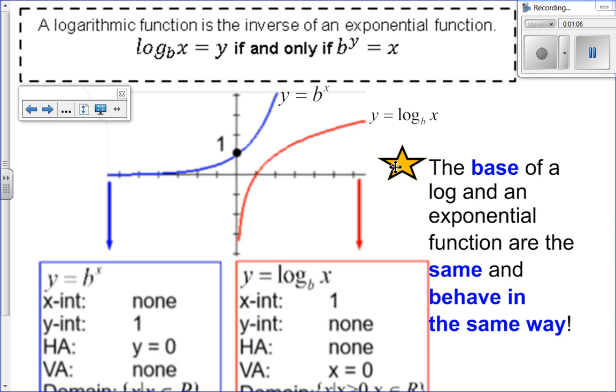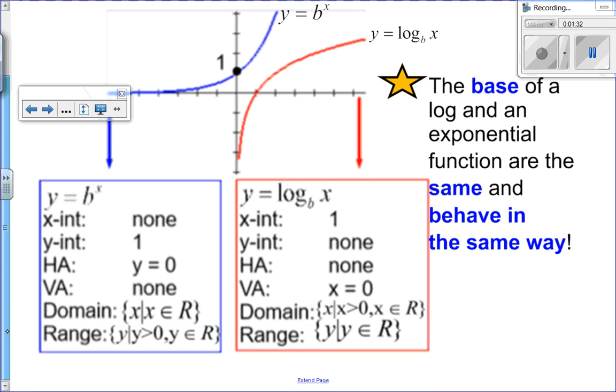In fact, the base of a log and an exponential function are identical, and they behave in the same way. So if I have an exponential function and I take the inverse of that, the bases are identical. I can see that in this graph because they're both increasing. So that exponential graph must have a base that's greater than 1. And you can see that in the red graph as well. It is also increasing.